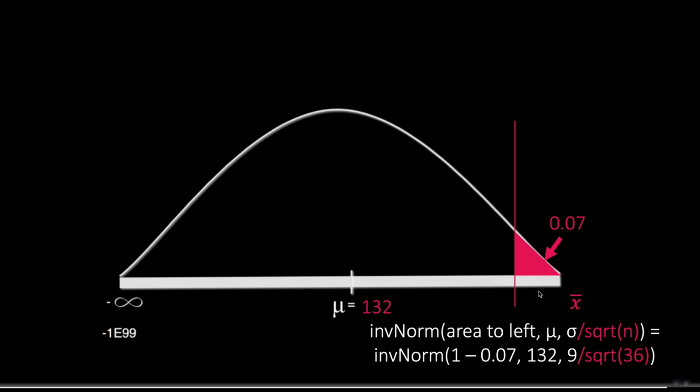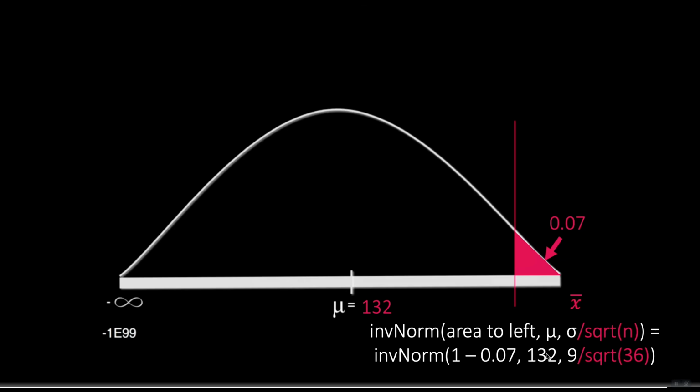And so we have inverse norm, area to the left, so that's going to be 1 minus our 7%, or 1 minus 0.07. You could type in 0.93 here as well. It is just up to you. I wanted you to recognize where the 0.93 was coming from. It's because this is 7% and this has to be 93%.